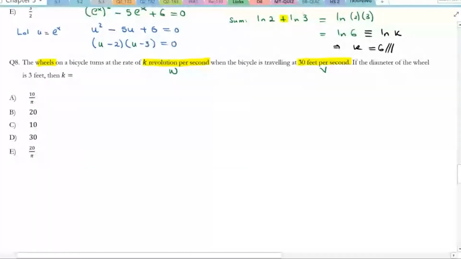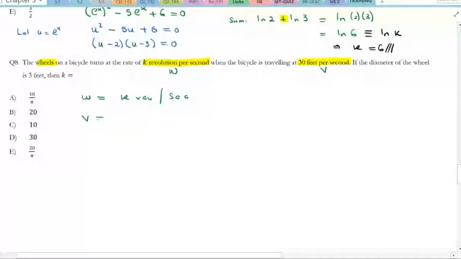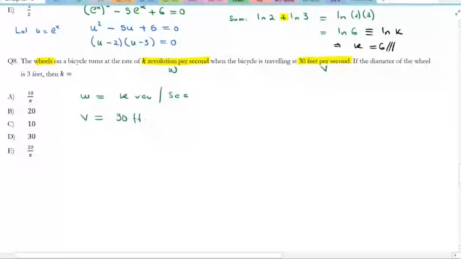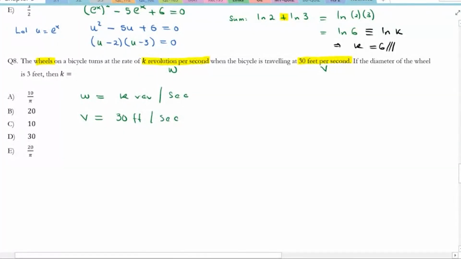Now, the question says if the diameter, so what are we given? We are given w, the angular speed. It is k revolutions per second. We are also given the linear speed. The linear speed is 30 feet per second. And the question gives us the diameter.